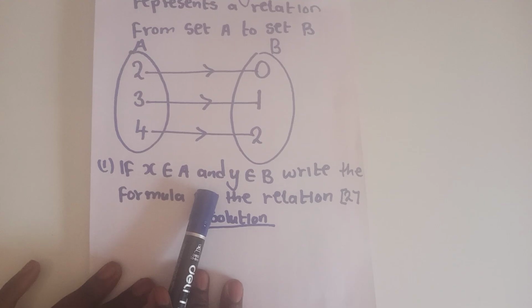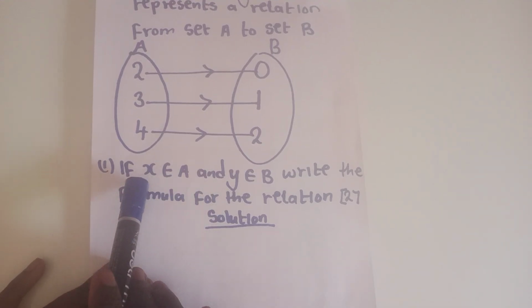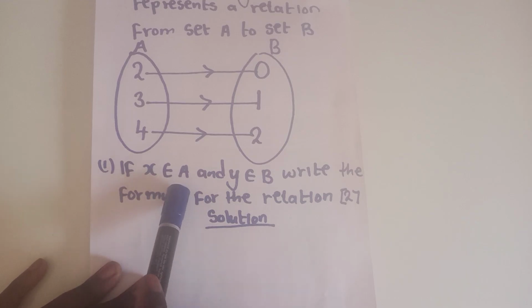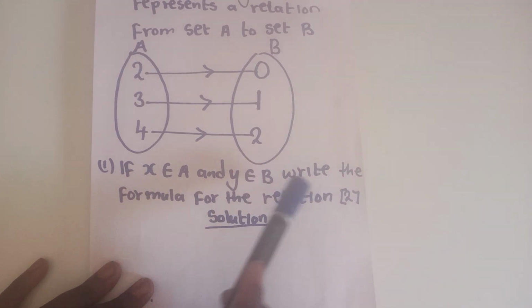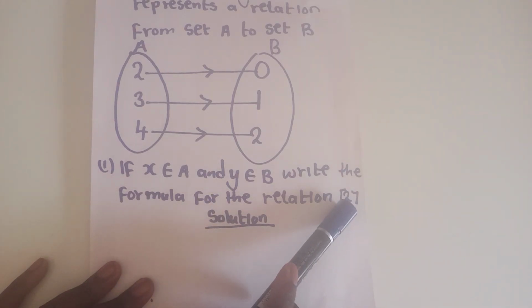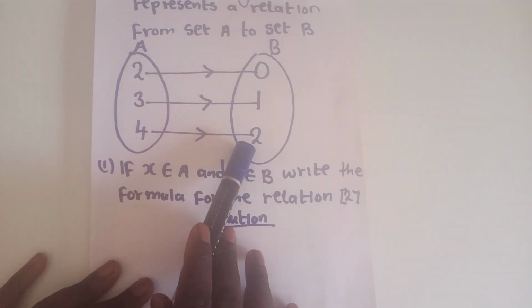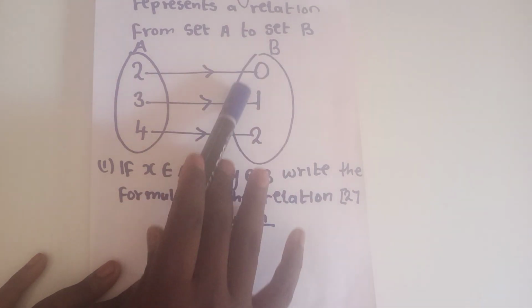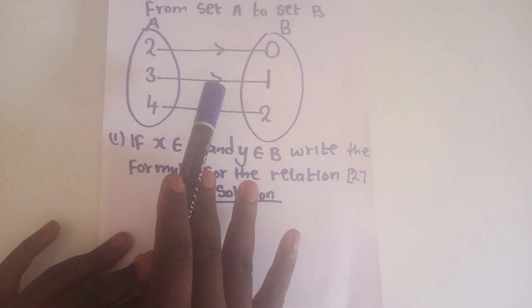The first question says, if x is a member of A and y is a member of B, write the formula for the relation, which is how many marks? 2. So they are trying to ask you which formula they used to find the values on this side.